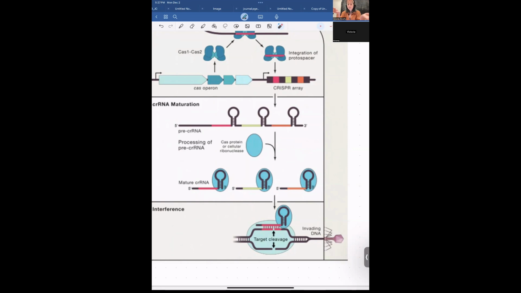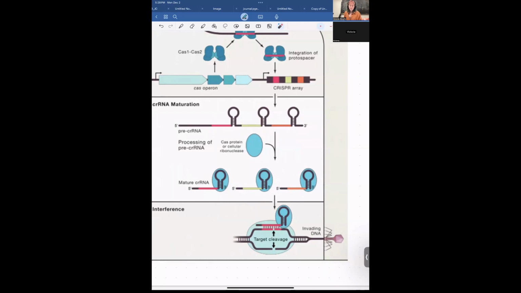And one of the most interesting things about this CRISPR array in bacteria is that when they looked at the spacer sequences, they found they are very similar to the DNA sequences from viruses. Why does a bacteria have these regions of homology to viral DNA? It turns out that the reason is as a defense mechanism.